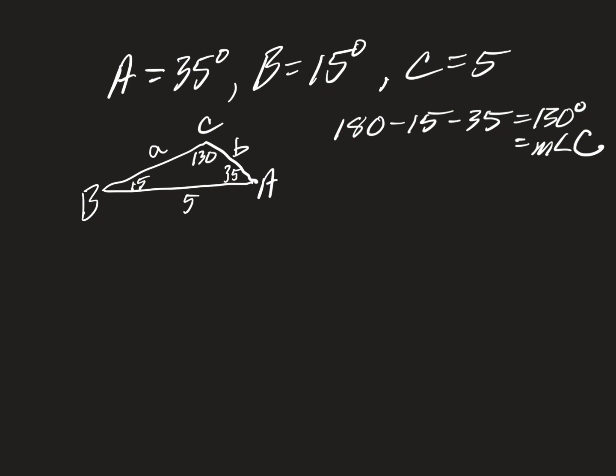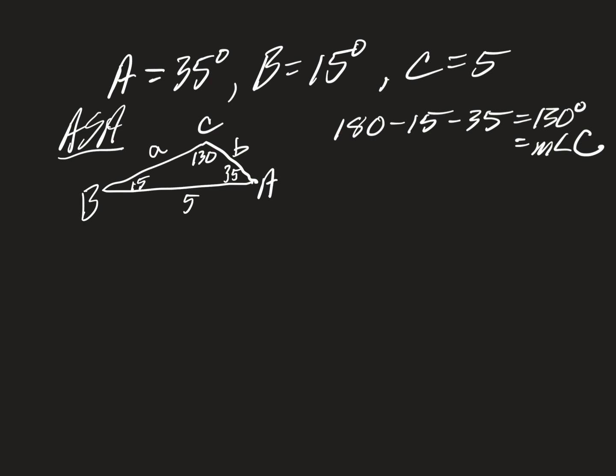All right. And now it's basically an angle-side situation, even though we started off with this as an angle-side-angle. So angle-side and angle-side-angle are basically the same situation. You do the problems essentially the same way.